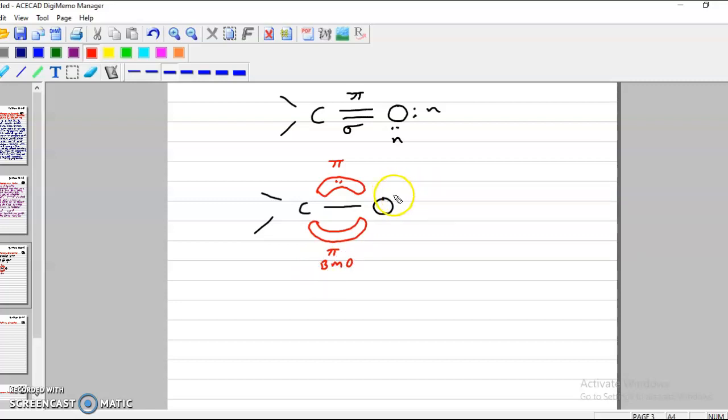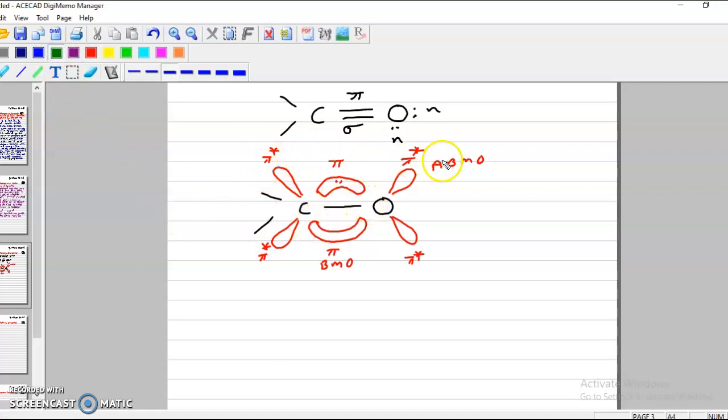Along with this, they must have pi star orbitals, lying in this direction, but they have the same plane as the pi orbital. So the pi star orbital has a total of 4 half lobes. So these are pi star ABMO orbitals. Now where is the n orbital then?